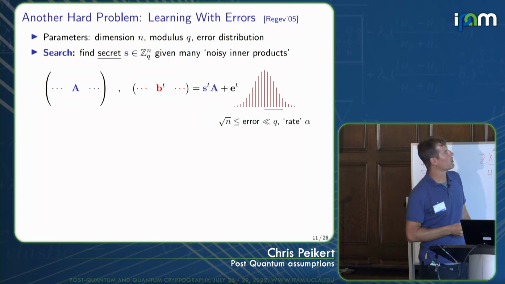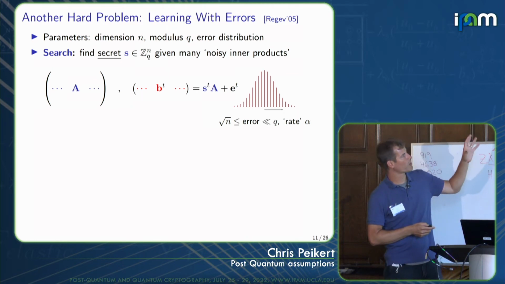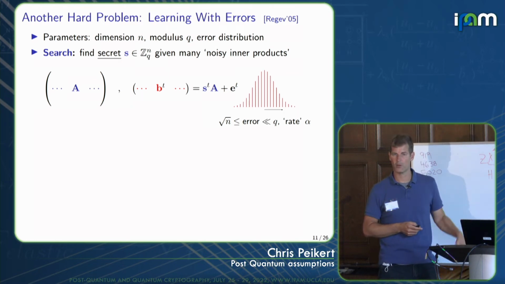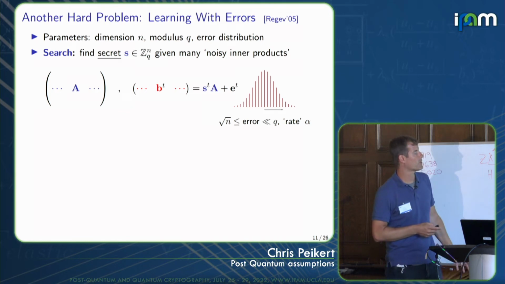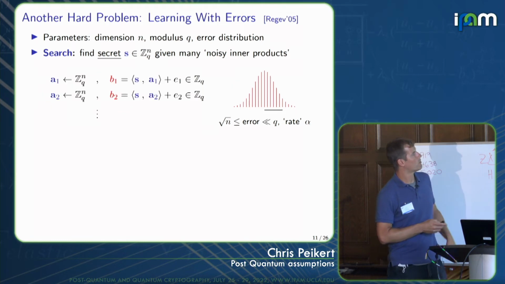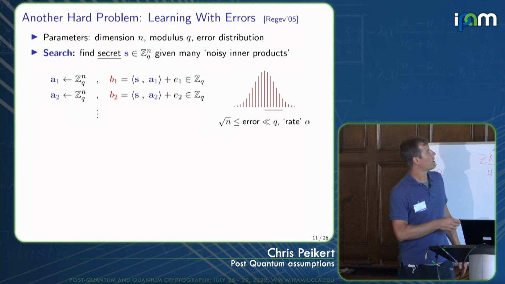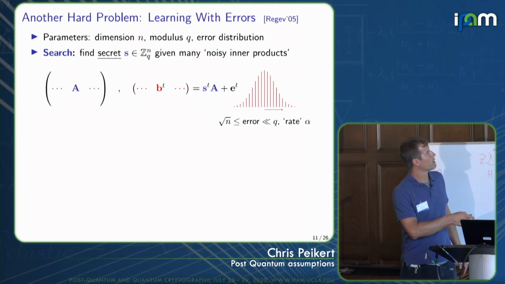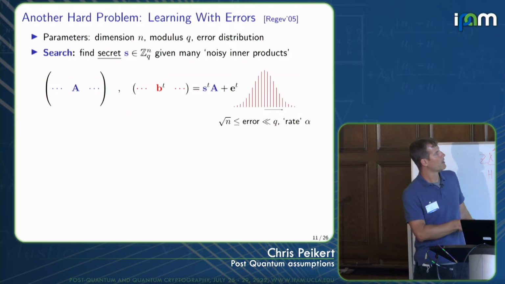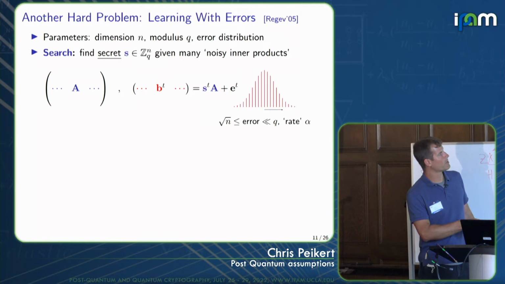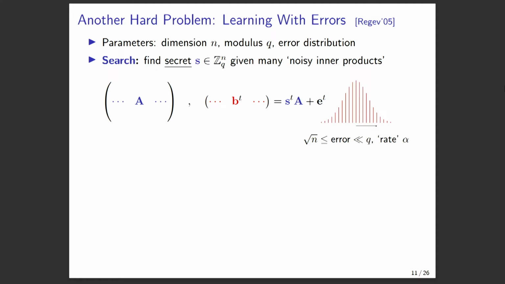Okay, so as before, we're going to present this in a more compact notation with matrices and vectors. So we have our same A vectors, and we're going to, again, put them into the columns of a matrix A. But now what we have is the secret is multiplied on the left by the matrix A, and then there's an error vector, which consists of all the error terms.